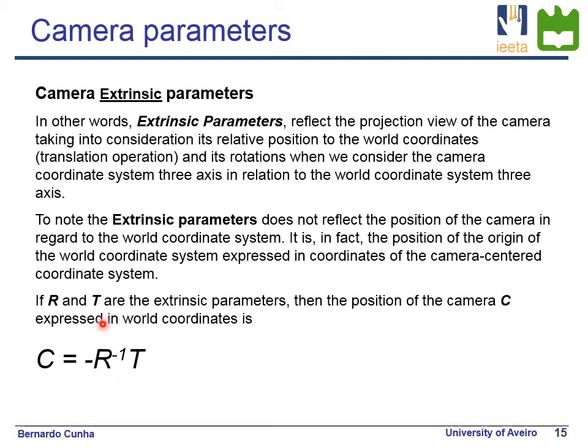So the transformation that we have to apply to the original information in our image is the one that results from this equation, where C is the camera position expressed in world coordinates.